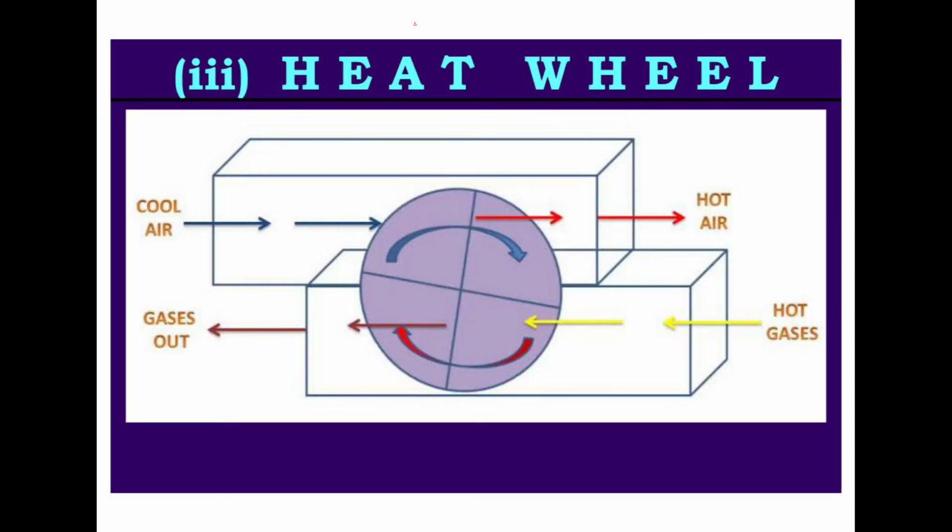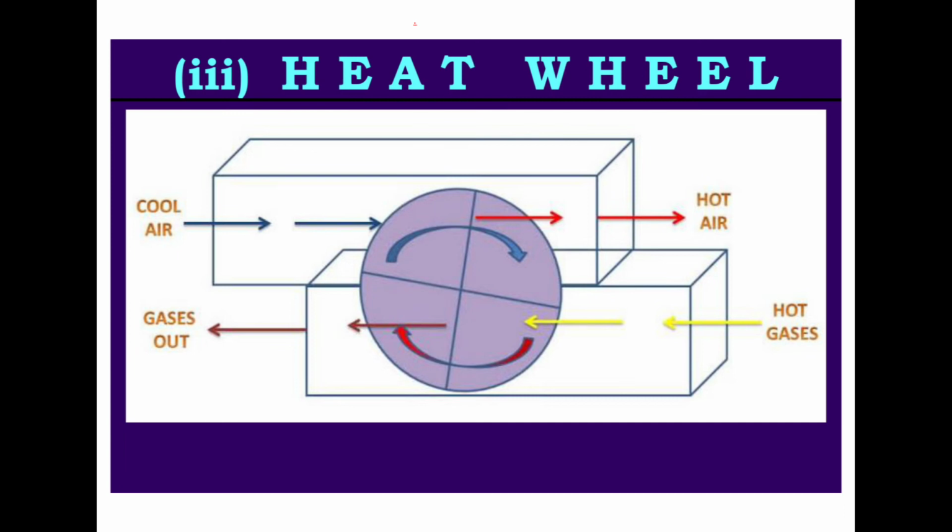This is the heat wheel. The cool air enters from the left hand side to the right hand side, while the hot gases enter from right to left, in order to maintain the heat by supplying the cool air.